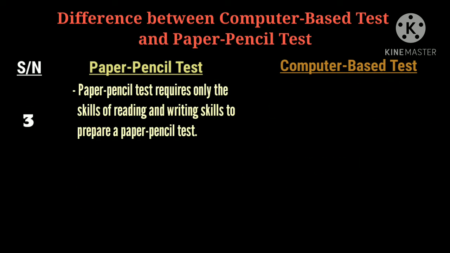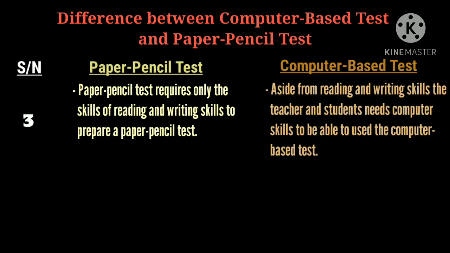So number 3, paper pencil test requires only reading and writing skills to prepare, while for computer-based tests, aside from reading and writing skills, the teacher and students need computer skills to be able to use the computer-based test.